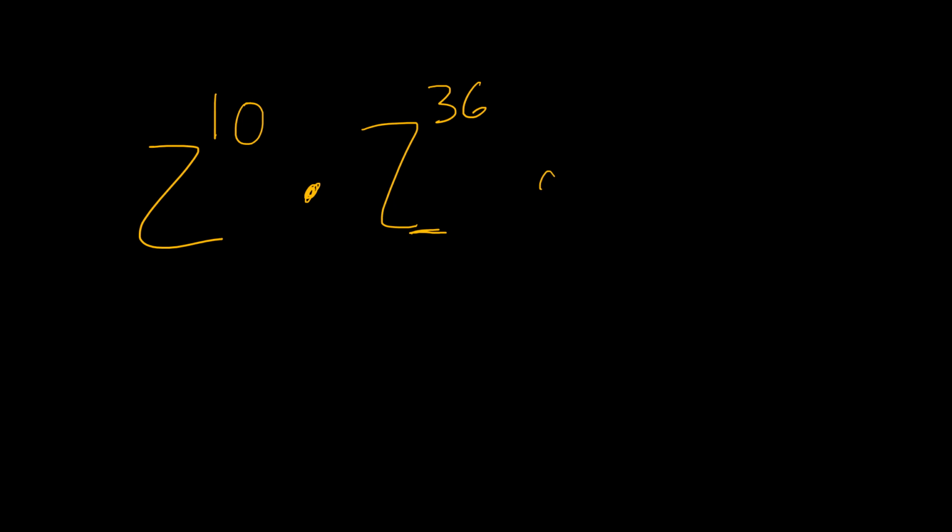Let's do another one. Let's say we have z to the 10th power multiplied by z to the, let's say, 36th power, and this was times x times y.